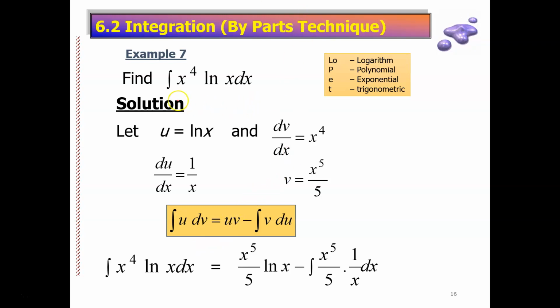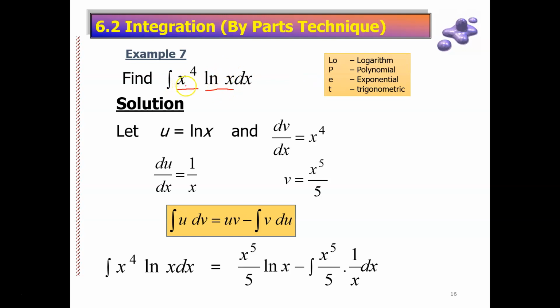Now find the integration of x to the power of 4 ln x dx. To choose u, we need to follow this rule, LoPAT again. Here you have one term, and this is the second term. So which one are you going to choose? We refer back: if we have log or ln, this is going to be your u.